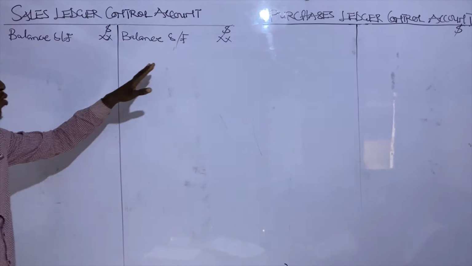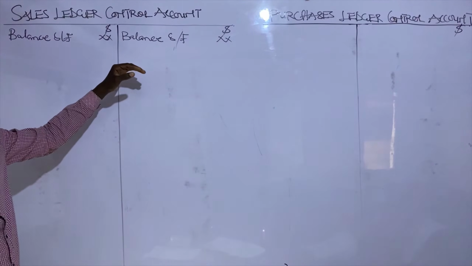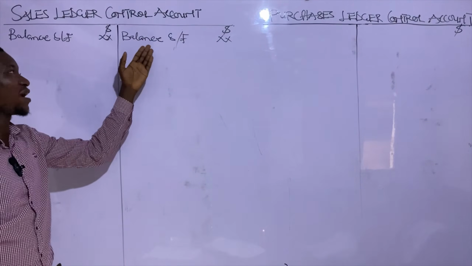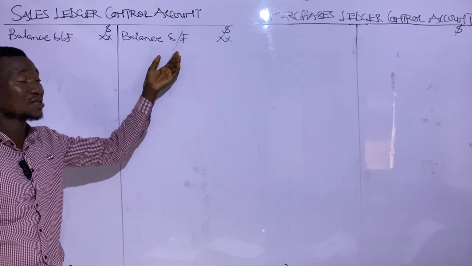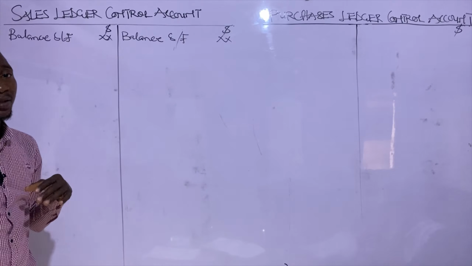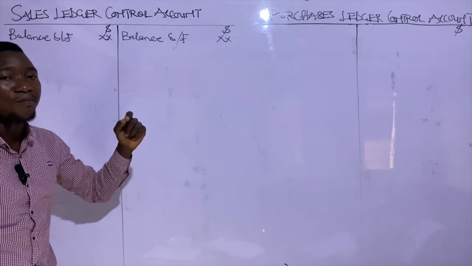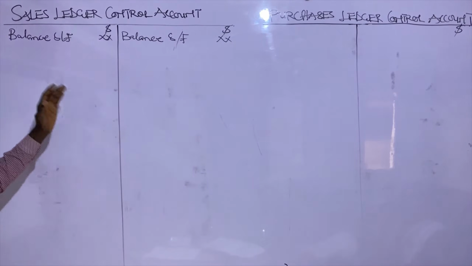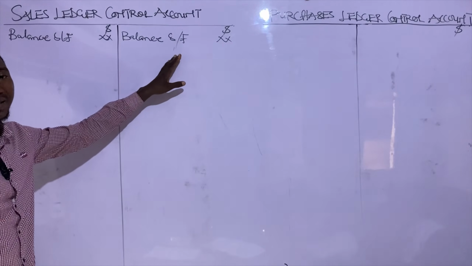Is that okay? I was saying that the sales ledger control account may also have a credit balance for several reasons, because this is not its natural balance. One, when the customer has made overpayment to the business, it means that the customer has paid more than what the customer is owing the business. Because of that, it will experience a credit balance.